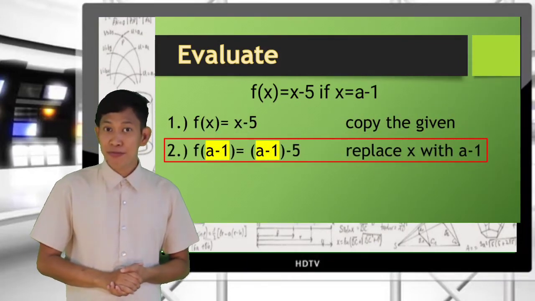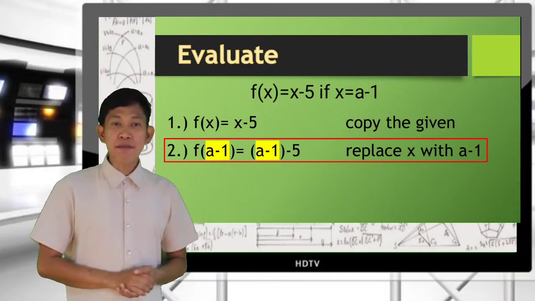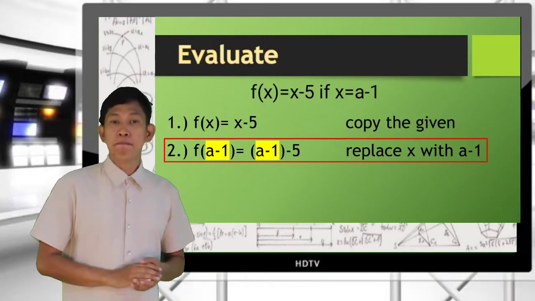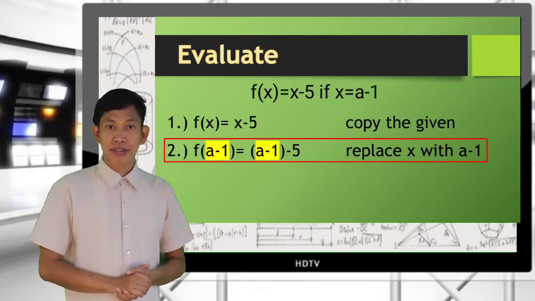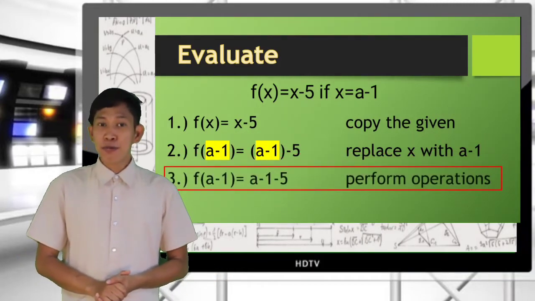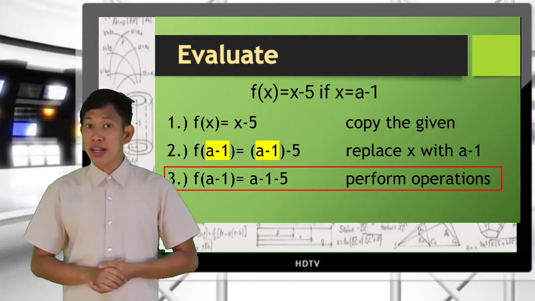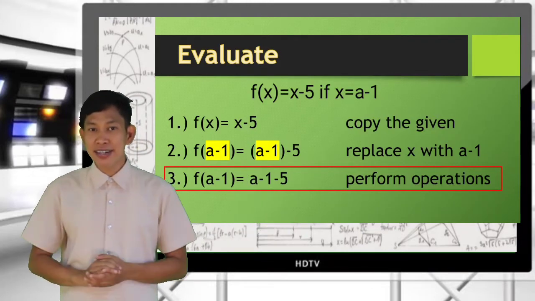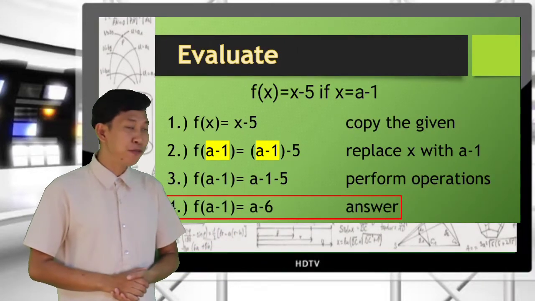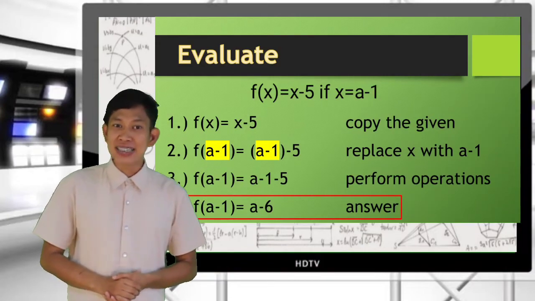So we have, alright, f of a minus 1 is equal to a minus 1 minus 5. And the next one, perform operations. So we have a minus 1 minus 5 is equivalent to our final answer, a minus 6. So f of a minus 1 is equal to a minus 6.